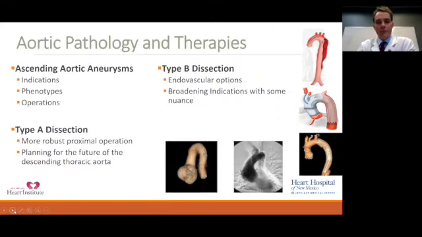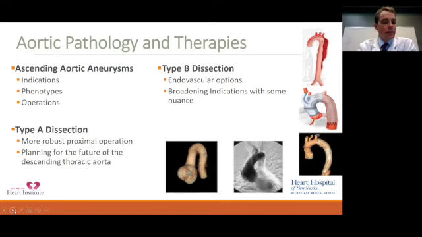Just as a 5,000-foot view, when we talk about aortic surgery, the specific aortic pathologies and therapies that we're talking about most commonly, in the CT surgery world, have to do with ascending and aortic arch aneurysms. There are different phenotypes of those, different indications and different operations.